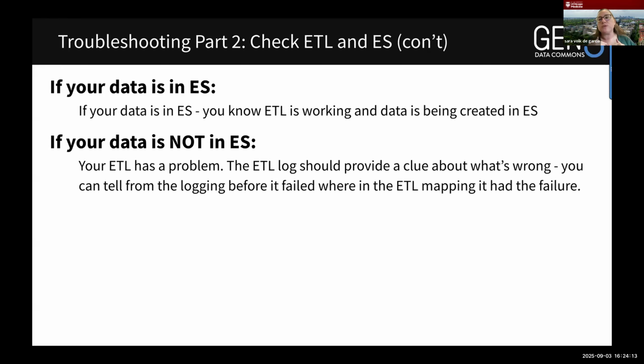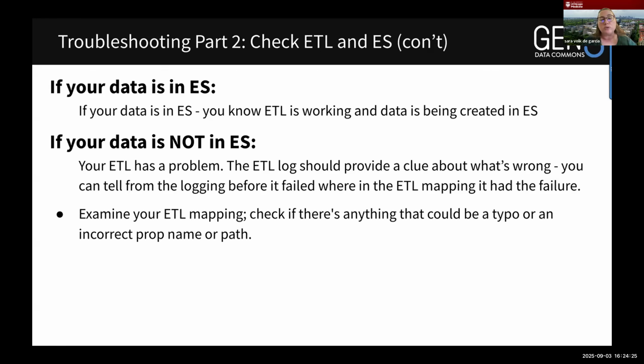It'll get to a certain point and then stop. And so you can see where it failed by looking at what's going on around that, and that can hopefully help you figure out what the problem is. So look at your ETL mapping, check and see if there's a typo, or maybe you have an incorrect prop name, or maybe you mistyped a path.